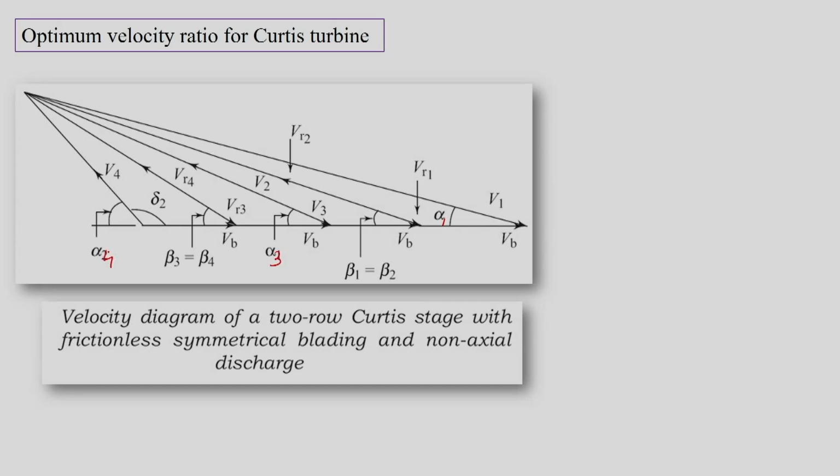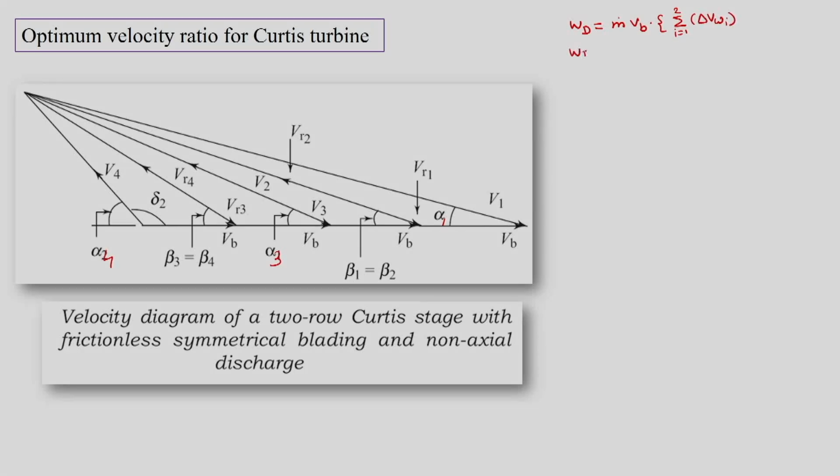So for this we now know how to write down the formula for total work done, which is Wd is equal to m dot into Vb into sigma i is equal to 1 to 2 of delta Vwi.